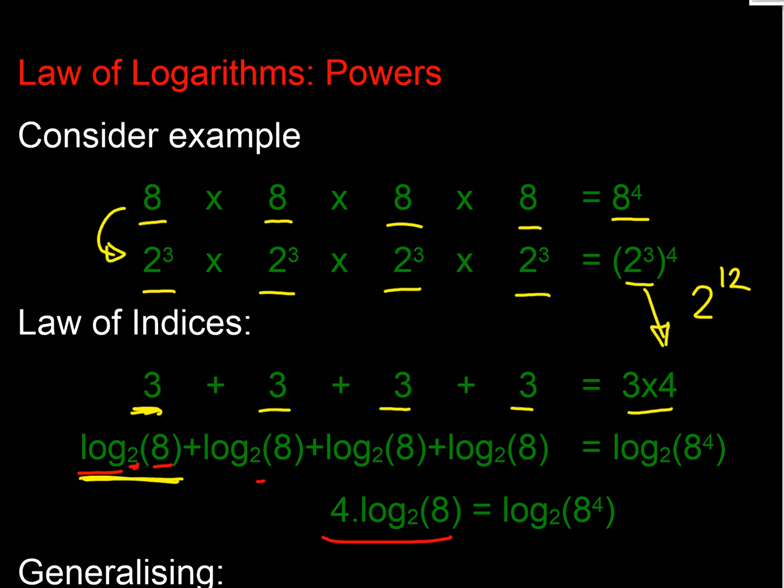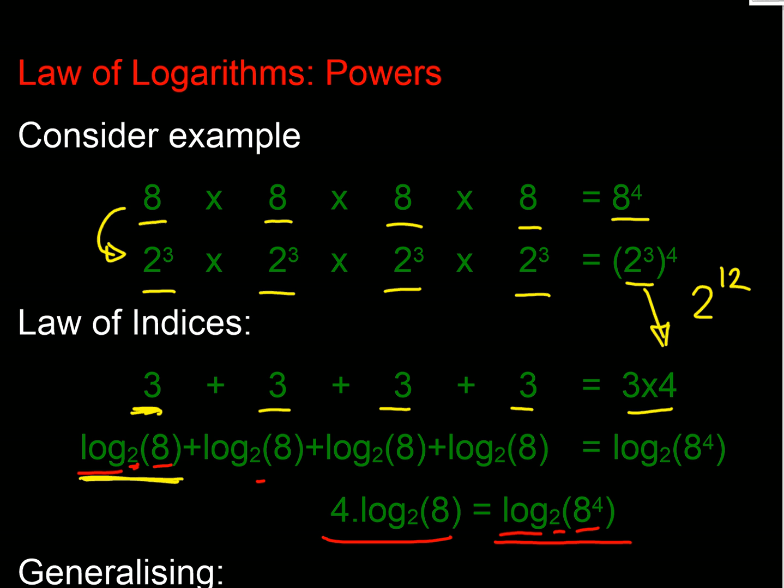And we know on the right-hand side that this 2 to the 12 is this log here. Reading it, what power do we have to raise 2 to get 8 to the 4, which we also know is 2 to the 12, isn't it?